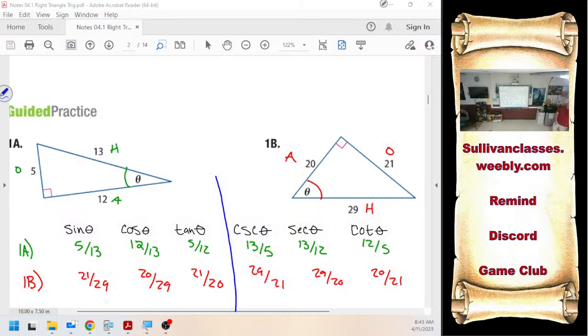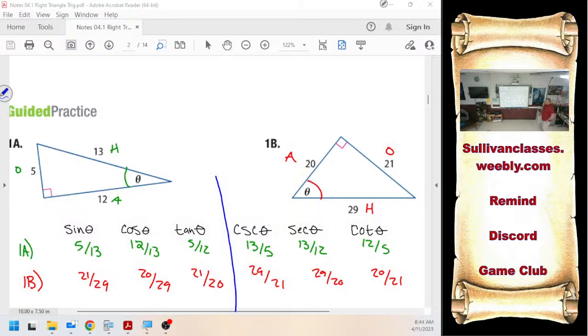Okay. Not necessarily. Because if I switch theta over to the other angle, now sine would be 12 over 13. So you can just move theta. Well, it depends which angle you're talking about. They just happen to be talking about that angle this time. Notice that sine and cosine are proper fractions, less than 1.